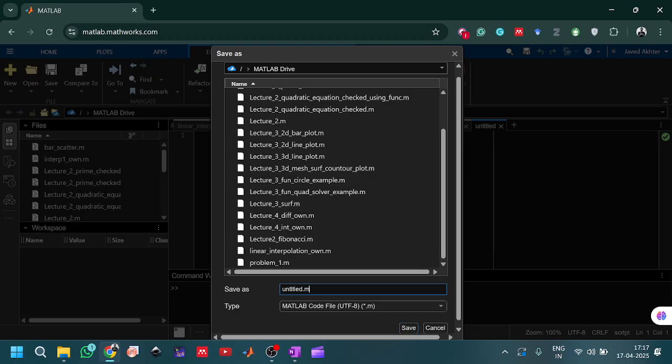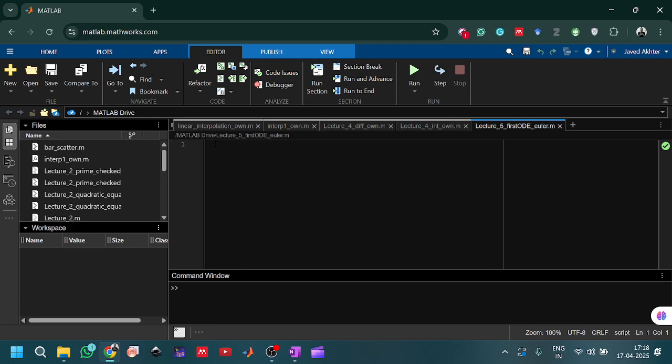Let me first save it as Lecture 5, first ODE, and this is Euler. Okay, so first you have to define the time array.